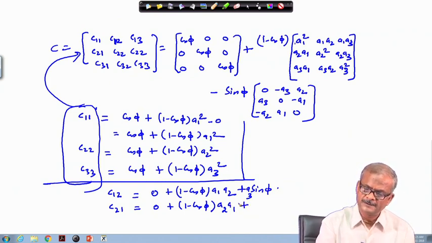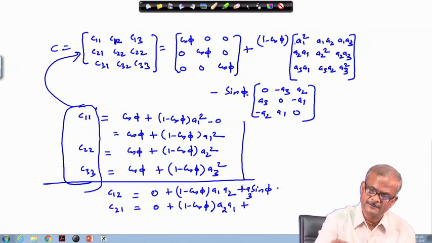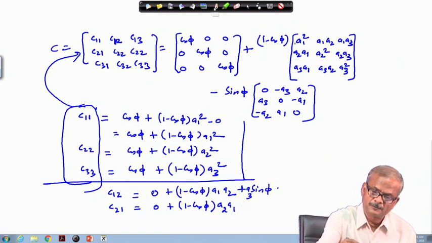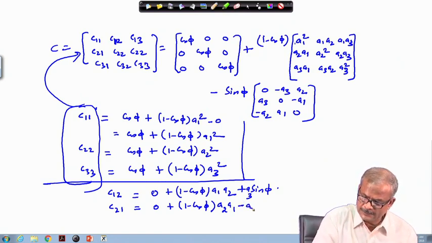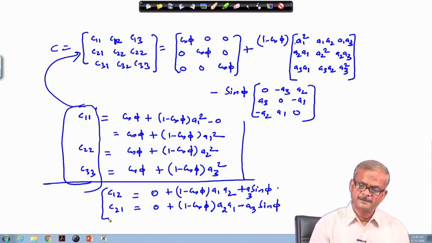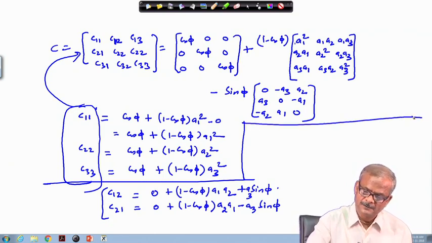And lastly, the last term we have to pick up. So, here in C 21, this term we have to pick up. So, this comes with minus A 3 sin phi. So, this way if we continue, we can complete this cycle.